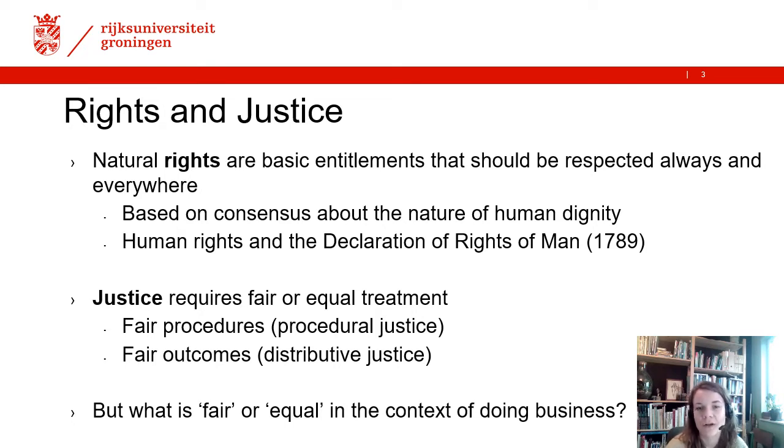These natural rights are basic entitlements, right? So basic things to which you have a claim. And these basic entitlements should be respected always and everywhere. So this means that we, as humans, without any exception, always have a claim to these rights.